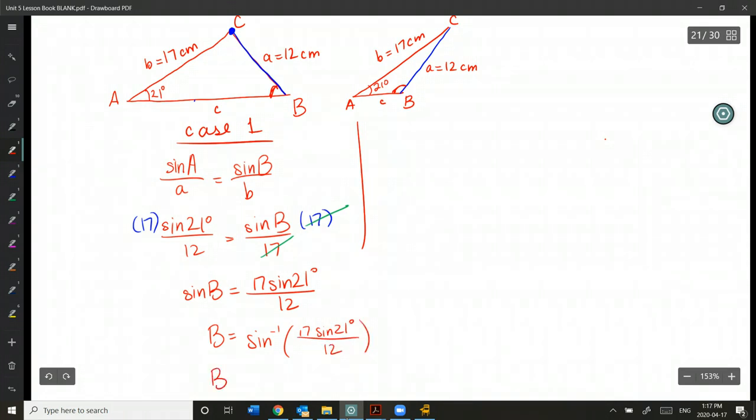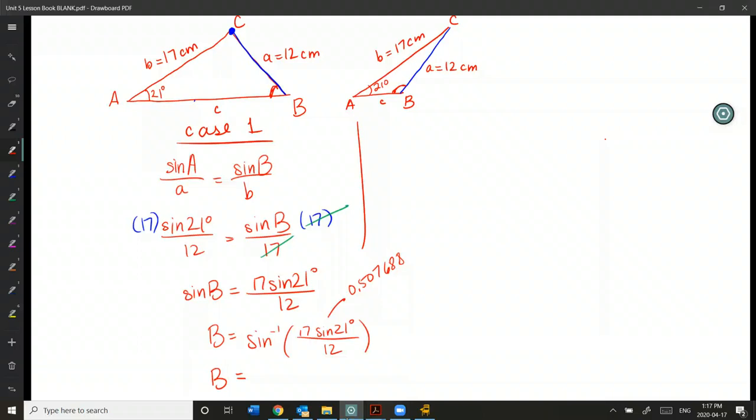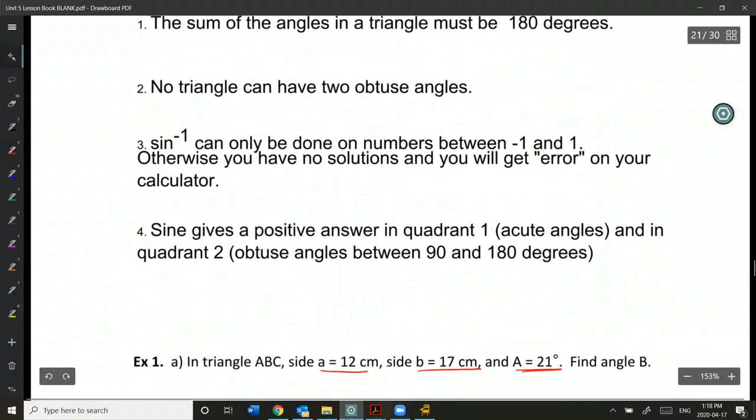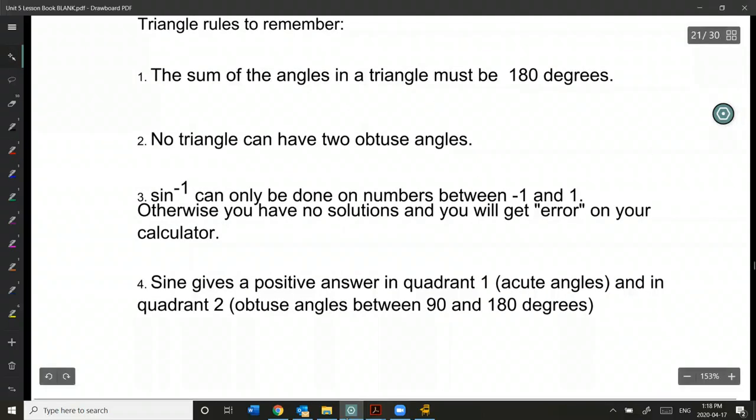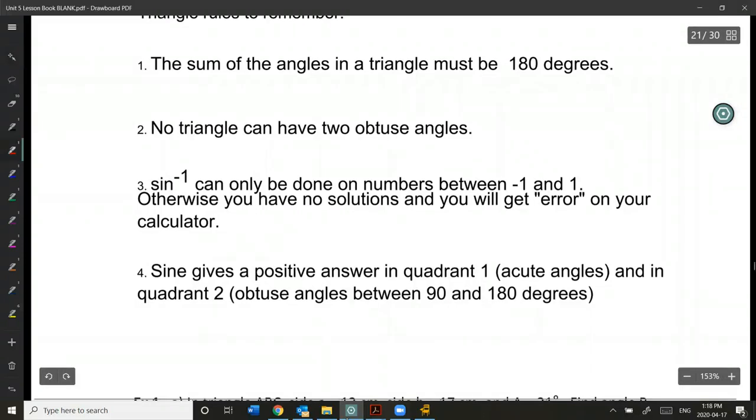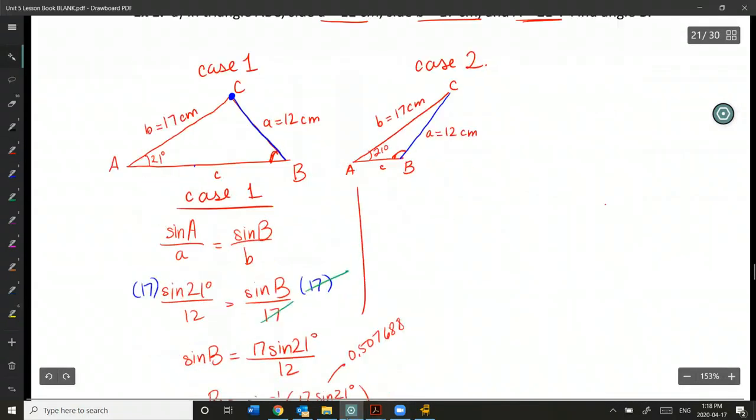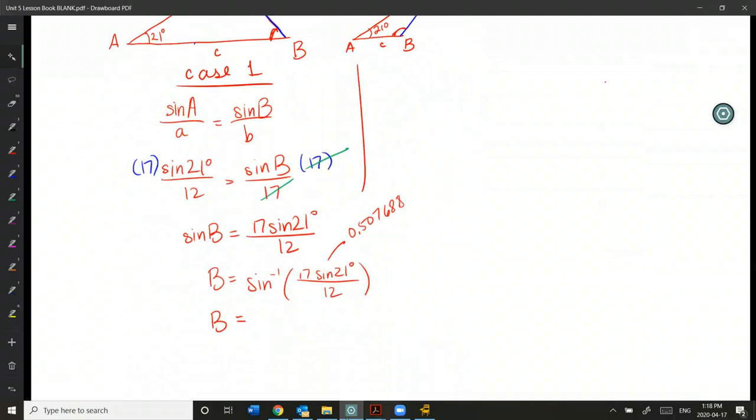Now, you should notice as well that this value, 0.507687 and so on, is a value between -1 and 1. So remember, we talked about up here how you can't take the sine inverse of values that are not between -1 and 1, and this value is between -1 and 1.